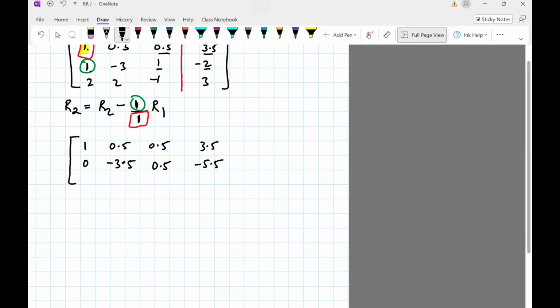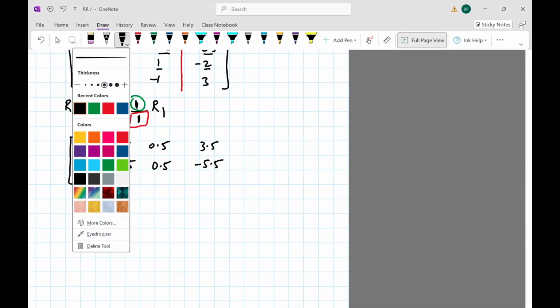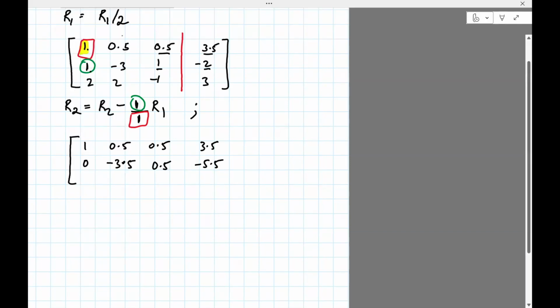Okay, and then we can actually do another step instead of rewriting it. So we also need to get rid of this 2. So that'll happen if I do row 3 equals the old row 3 minus, again, the 1 will come down times 2. This is this 2 times row 1.